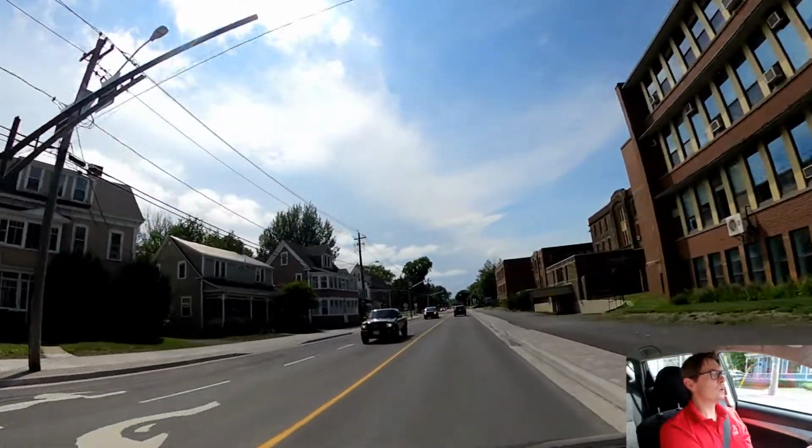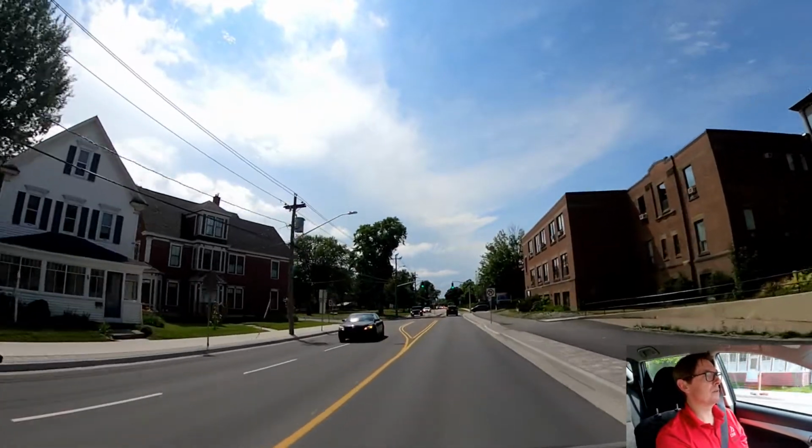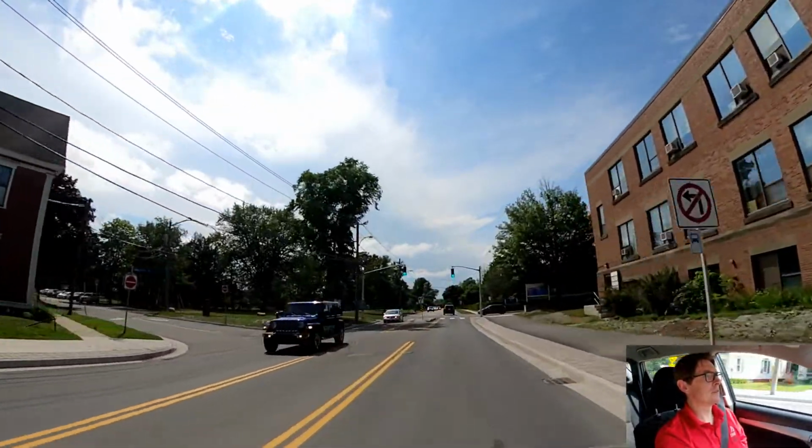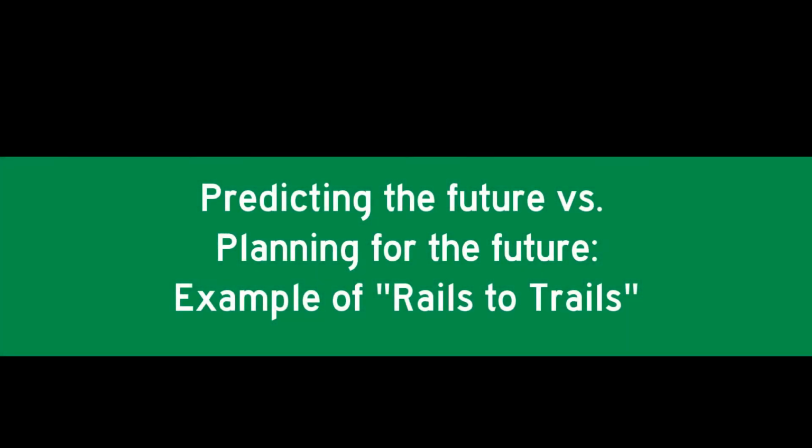And these are the kind of tools we're going to talk about, the kind of tools that you're going to need to be able to do that kind of planning for the future. So while we're not really great at predicting the future, there's a lot of things we could do to plan for the future.